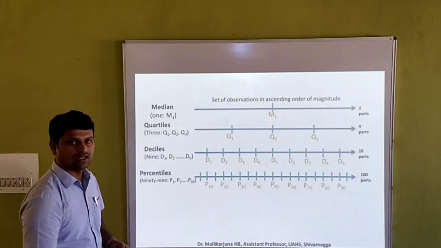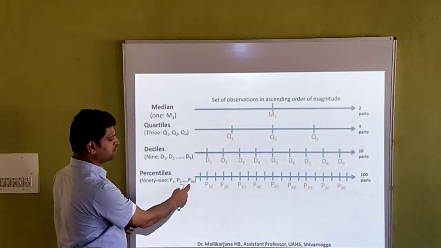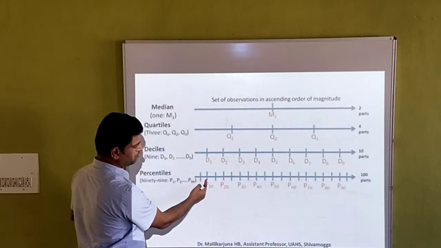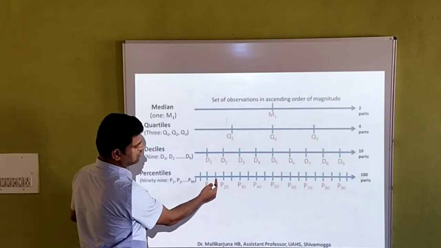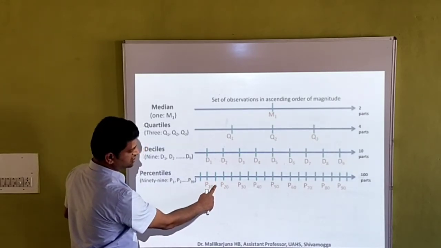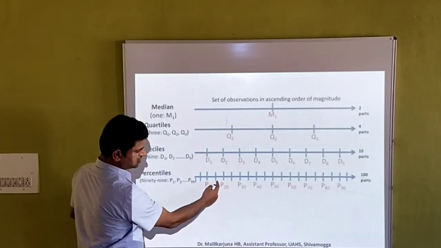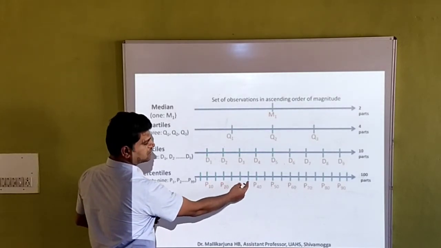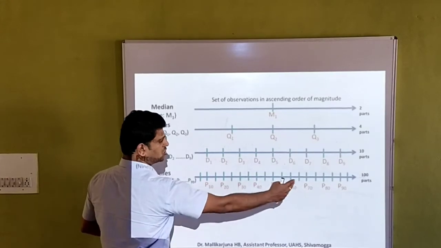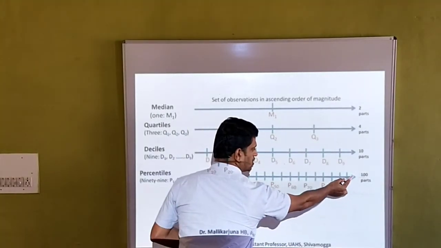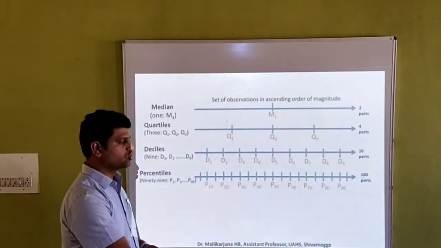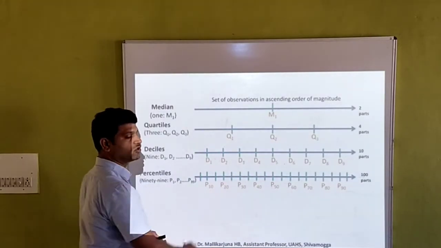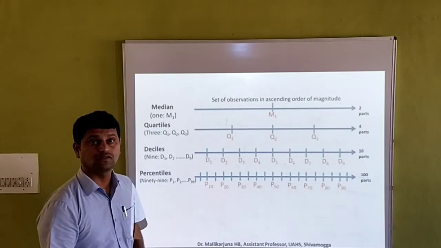Percentiles are 99 in number, P1, P2, P3, P4 up to P99. Here we get P1 up to P10, P11, P12, P13, then P15, P16, P17, P20, then P25, P30, P35, P40, and at last P99. So there are 99 percentiles in total, which divide the whole series into 100 equal parts.